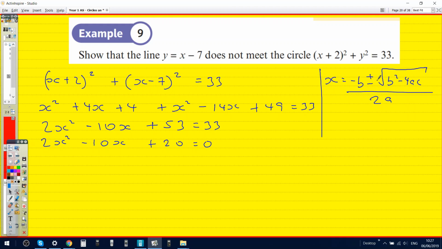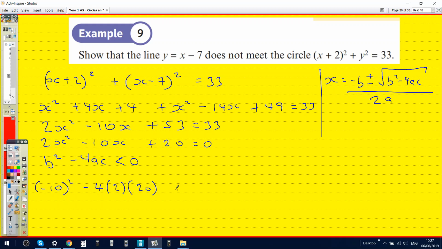Right, yeah. And so b squared minus 4ac, the way we say that it's negative is that it's less than 0. What is b, what is a, what is c? B is minus 10. Minus 4 times 2 times 20.